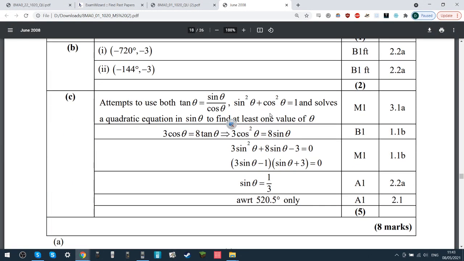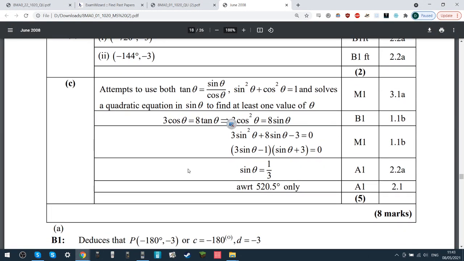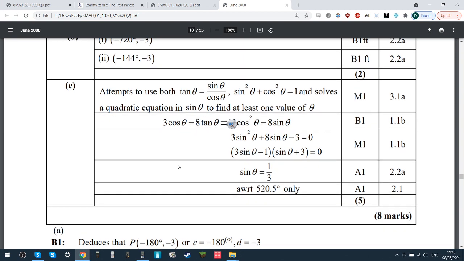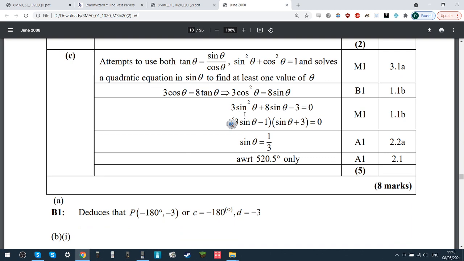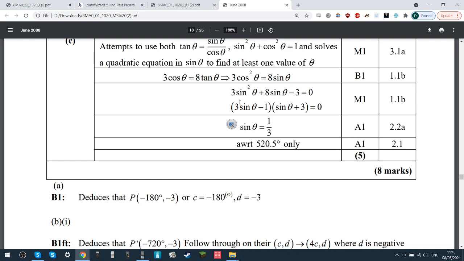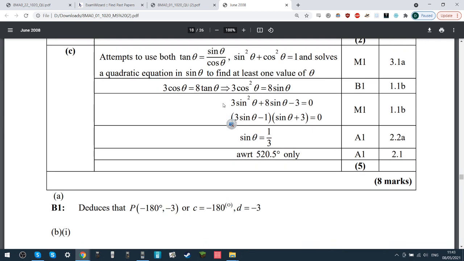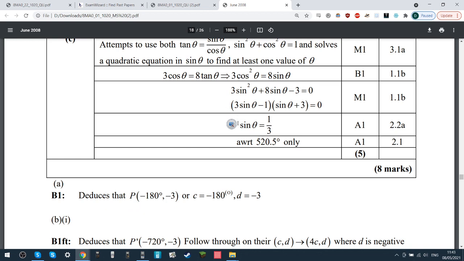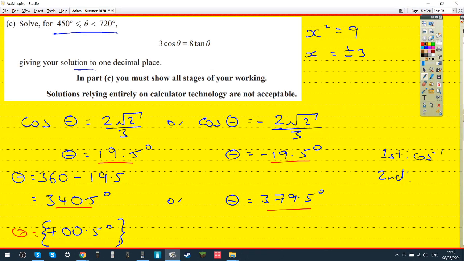Let's see. So 520.5. Where did it all go wrong? Sine over cos. Sine squared plus cos squared is 1. I'm not sure where we went wrong, to be honest.